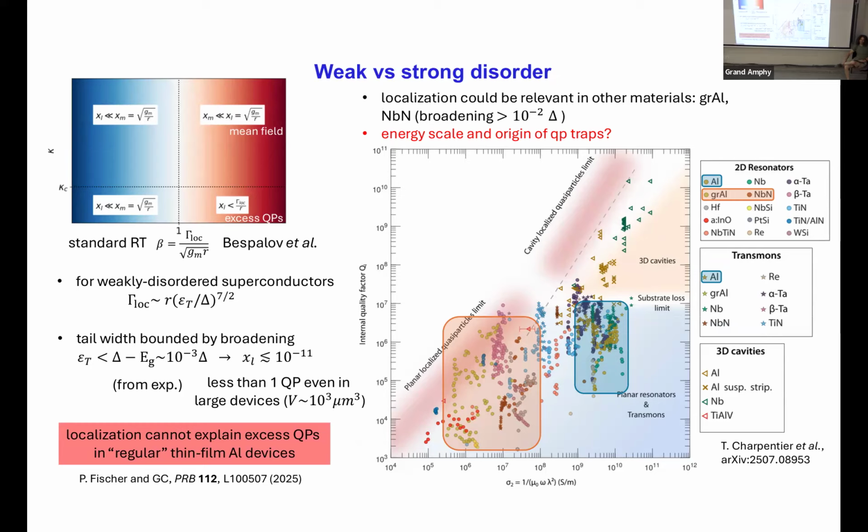But I think this is pretty fine-tuning to get there. It's more in energy, let's say, than in space. No, it's both in energy and space. Yeah, it's both. So you need them to be localized in space around these impurities.